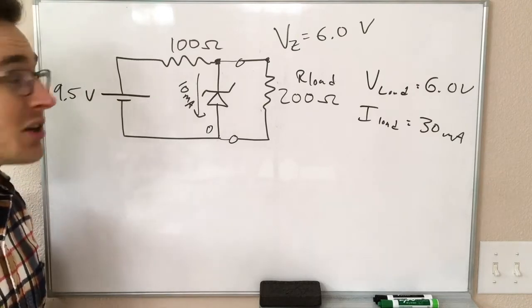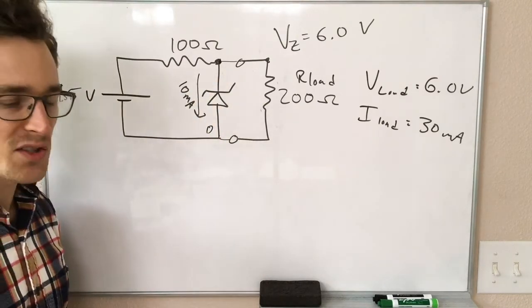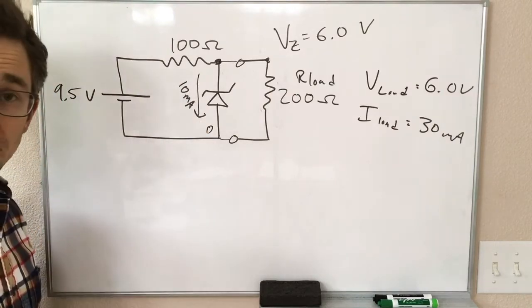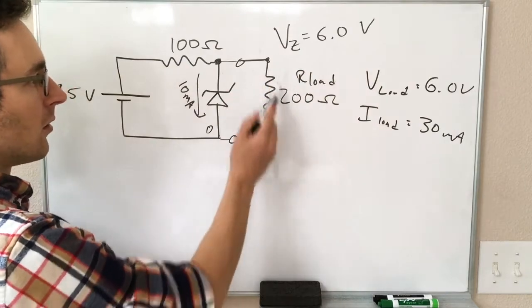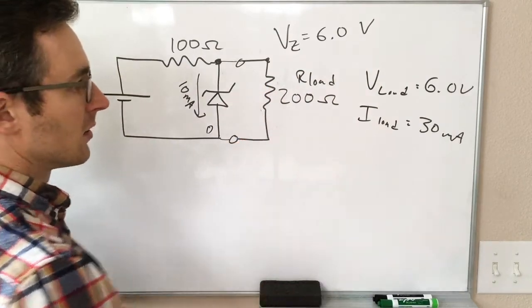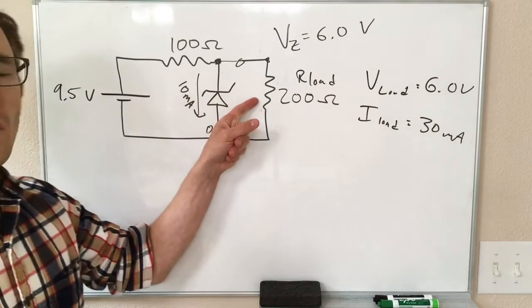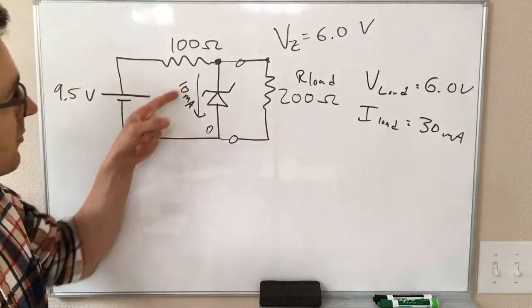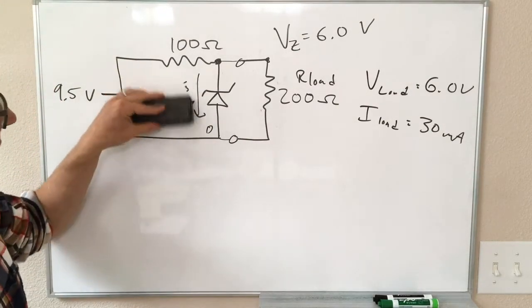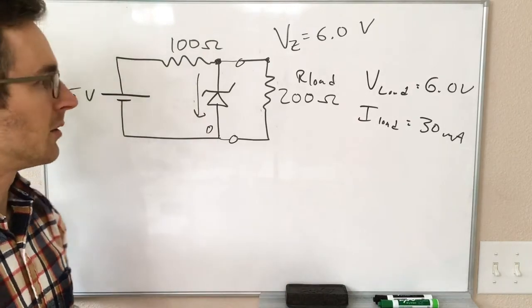And that doesn't change anything about what's going on. That is still going to say, oh, the Zener diode has to be conducting current in the reverse direction, and therefore the Zener voltage is 6 volts, and therefore the drop across this is 6 volts, and the current is 30 milliamps. So even though we changed this voltage, what's going on with the load is staying exactly the same. We'll get a different amount of current here. We'll get a different current through the Zener diode, but that's okay. It can probably handle it.